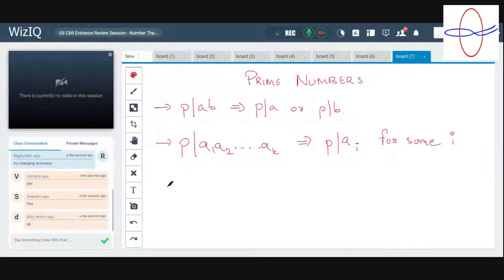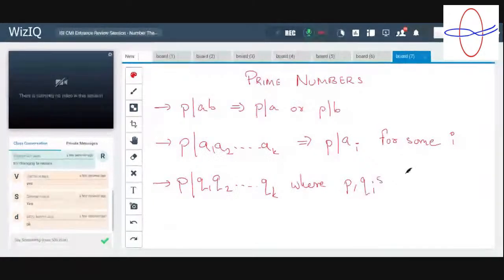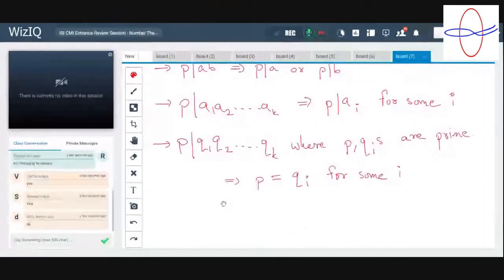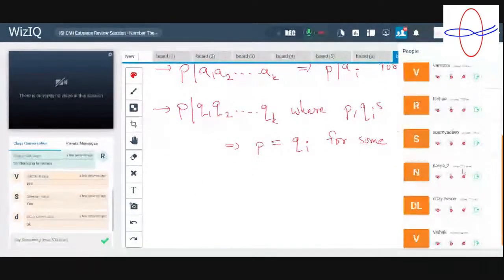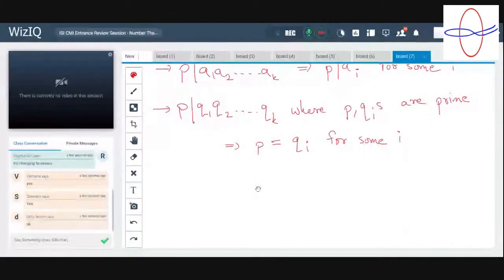Okay, and a particular situation arises when you have something of this form, where p and all the qi's are prime. Then this means p is equal to qi for some i, because a prime dividing another prime means they are equal, right? Okay.